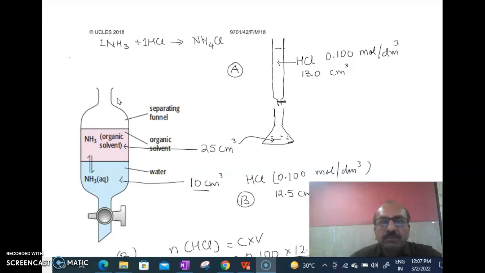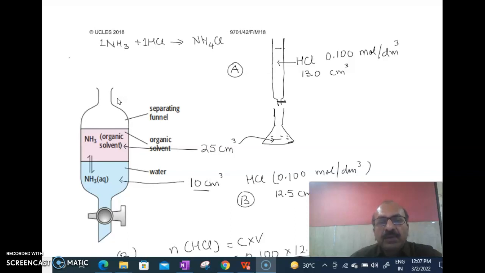But you will also observe that this organic solvent and the water are immiscible with one another, that you can see that there is a separate layer. That means they don't mix in one another.